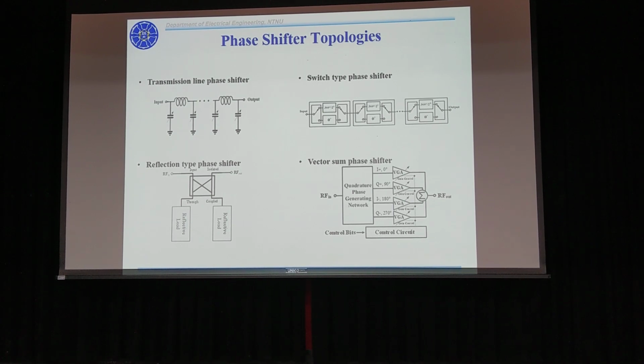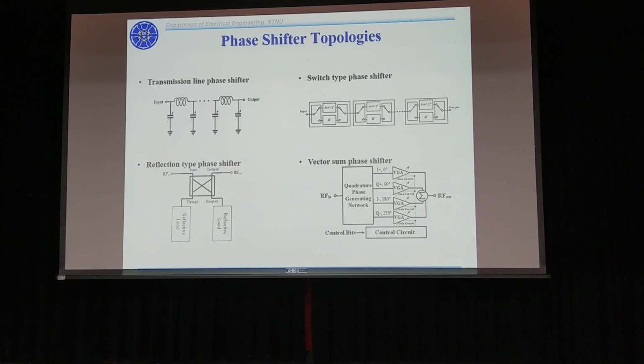That will cause phase distortion. Therefore, in most cases, T-type is selected to achieve the phase shift. The second is the switching type. It uses transistor switches to simplify the phase control mechanism. It is also a topology having an inherent digital phase control mechanism.